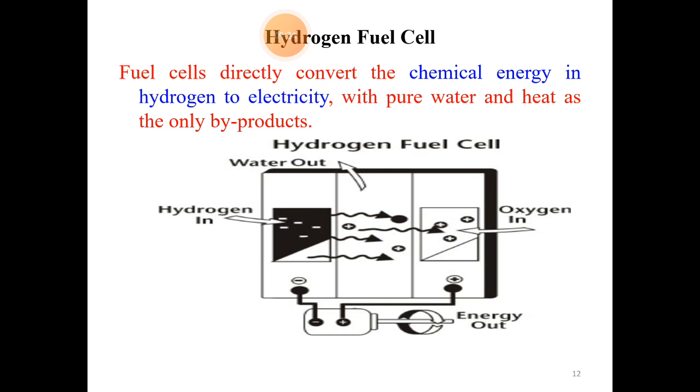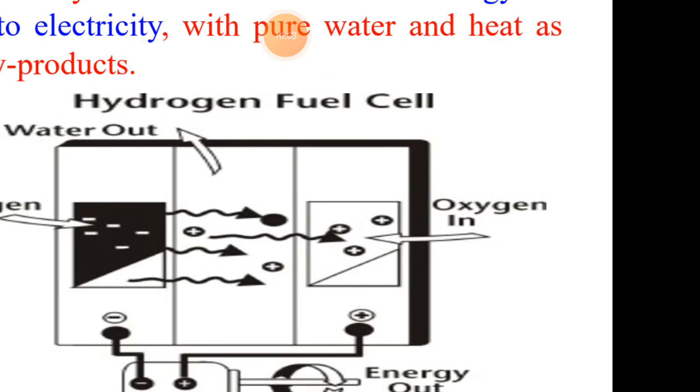A hydrogen fuel cell directly converts the chemical energy into electricity from the hydrogen, with pure water and heat as the only byproducts. Here is a condition wherein hydrogen and oxygen are combined in a closed system of fuel cell, where the chemical energy is converted into electrical energy and that electrical energy is stored and utilized for various purposes.